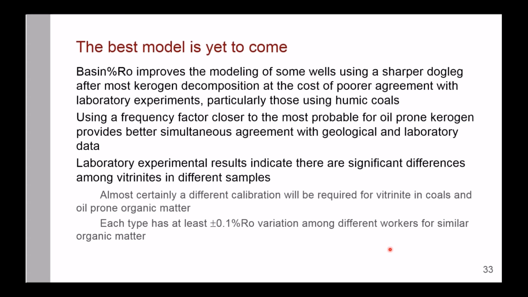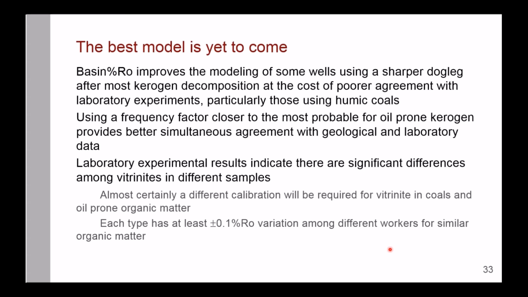Laboratory experiments indicate that there are significant differences among vitrinites in different samples, and that suggests that there should be really a different model for vitrinite in coals and for vitrinite in oil-prone organic matter.